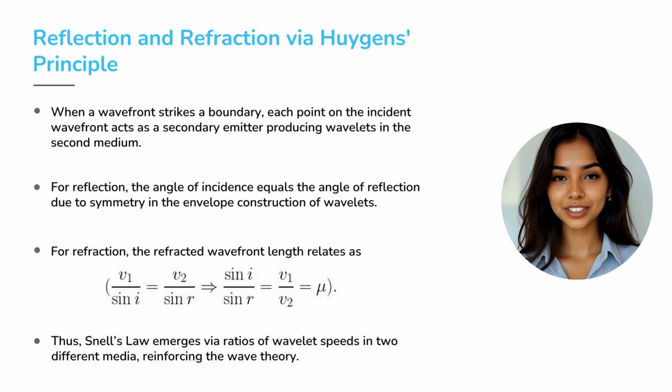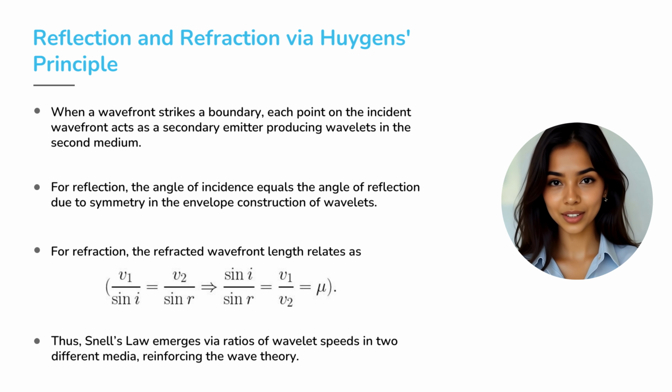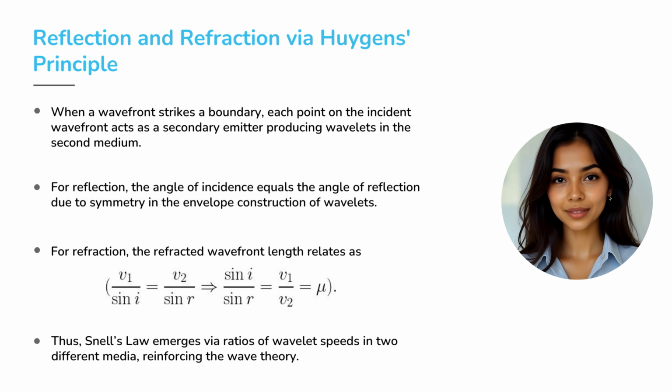Rearranged, it becomes sin i over sin r equals v1 over v2, which we call the refractive index mu. This formula is nothing but Snell's law expressed elegantly through wavefront construction. So, Huygens' principle doesn't just describe wave propagation, it geometrically derives the reflection and refraction laws fundamental to optics.